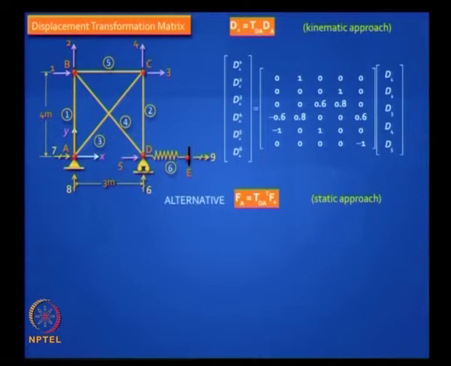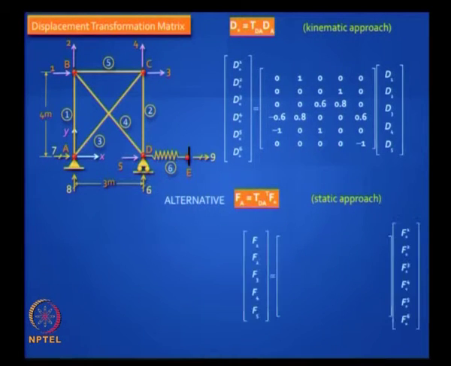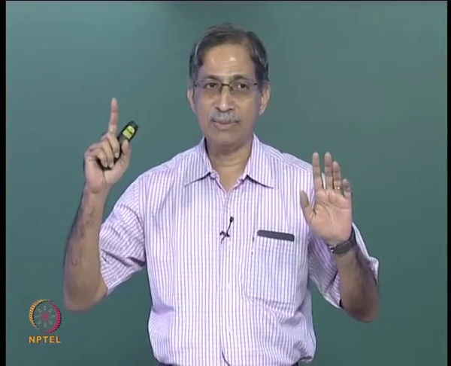Let us see. So in the static approach, this is the relationship that we want, right? Please note, in the kinematic approach what we are doing is we have the structure. In the structure we are applying one global displacement at a time, arresting all the other displacements, and then we are finding out what happens at the element level.